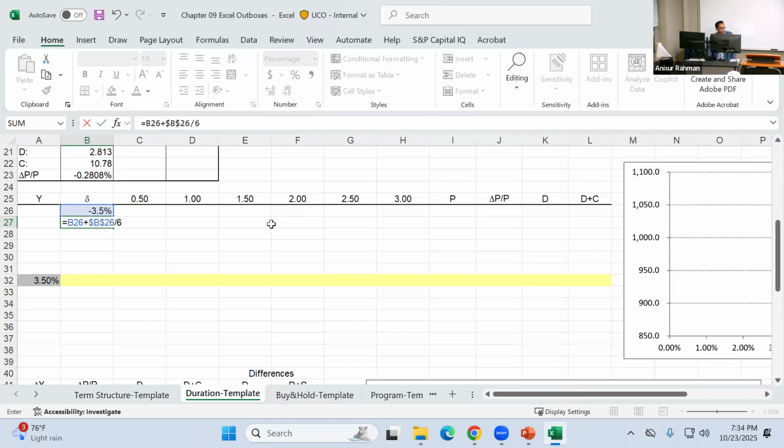I'll explain. Where did you get the negative 3.5 again? From here. Okay. Yeah, I entered a negative sign in front.